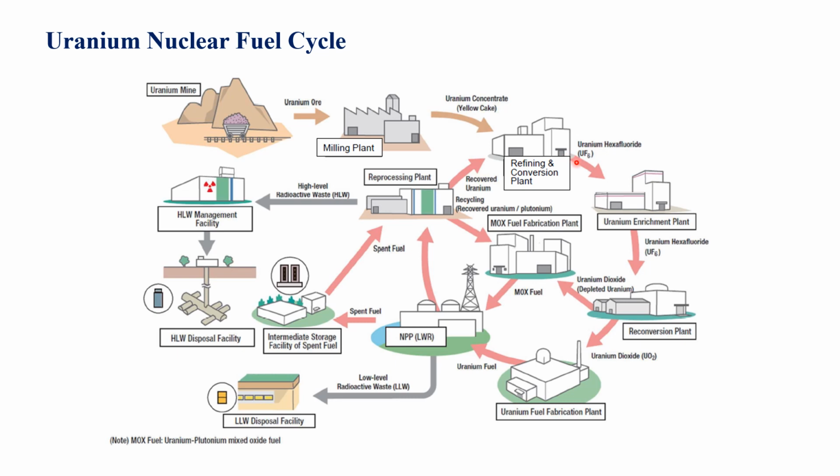And then from this starts the process of your uranium hexafluoride, and then up to your uranium enrichment, the reconversion plant, uranium fuel fabrication, and it goes around until it's used in your power plant. And you also have your disposal facility, of course.